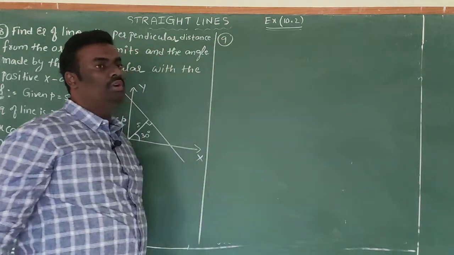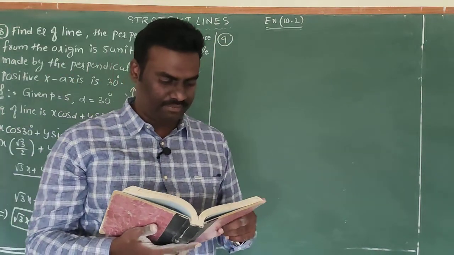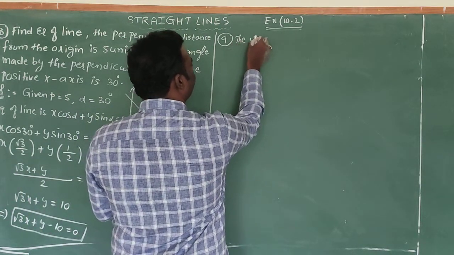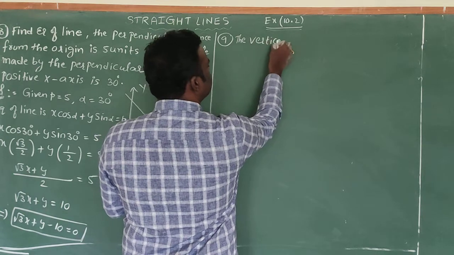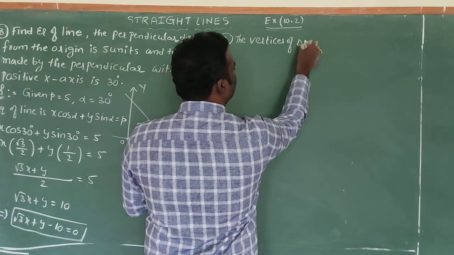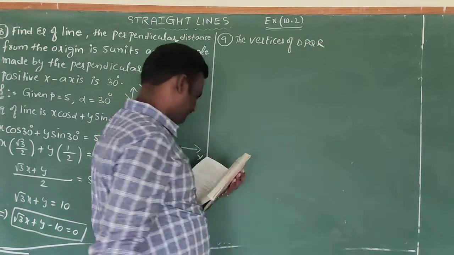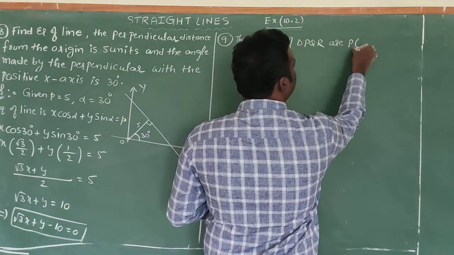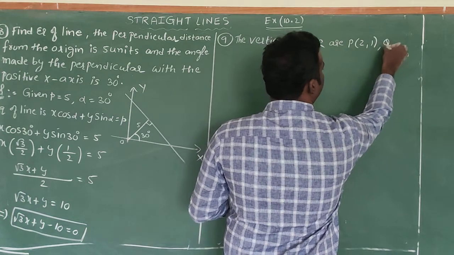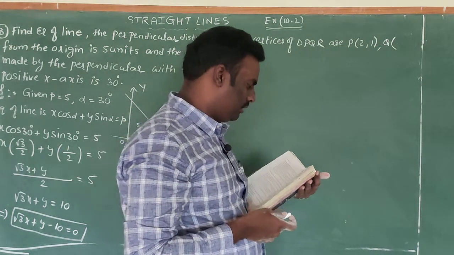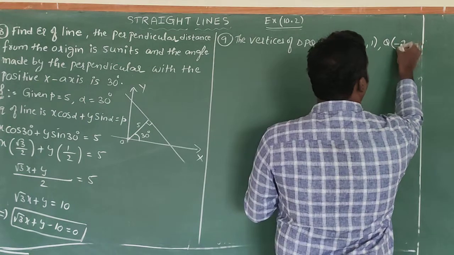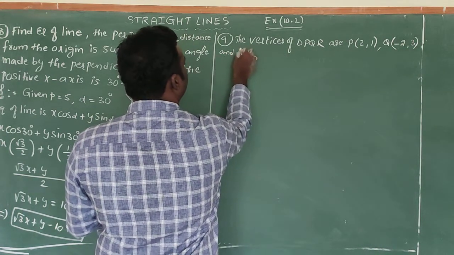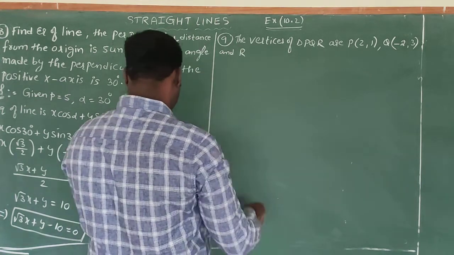Next, we will discuss question number 9. The vertices of triangle PQR are: first point P (2, 1), Q (-2, 3) and R (4, 5).